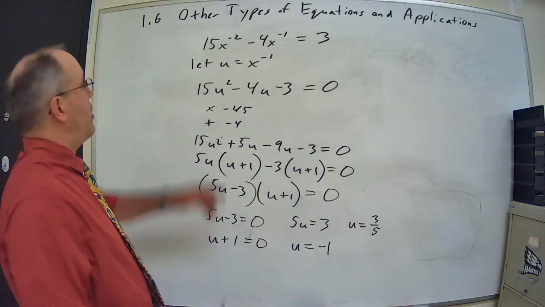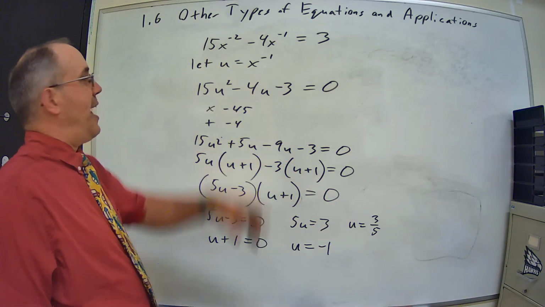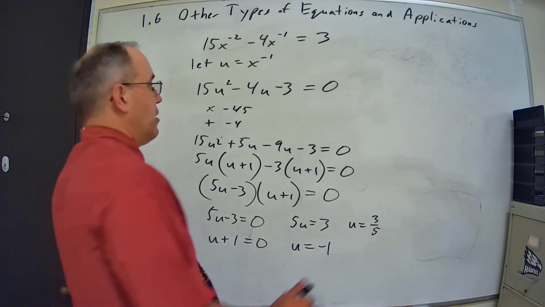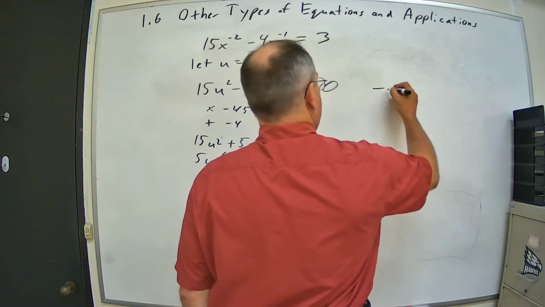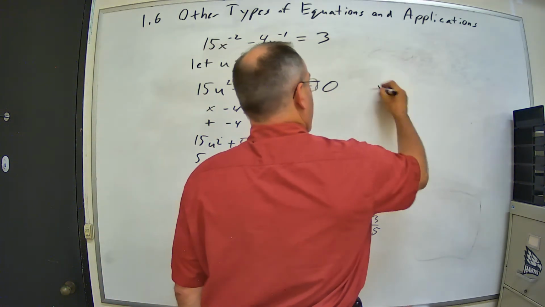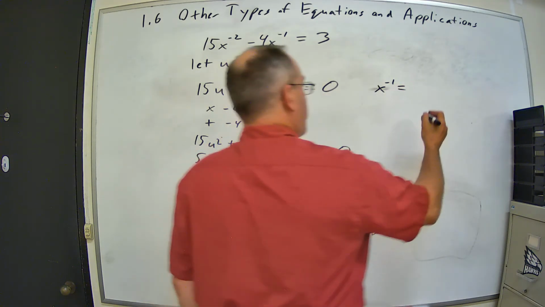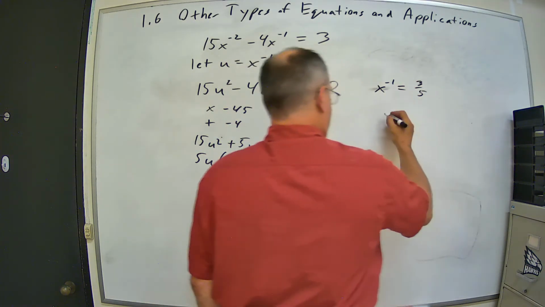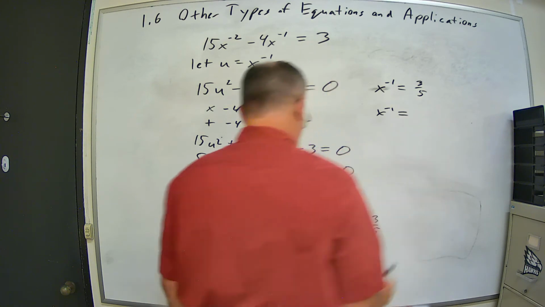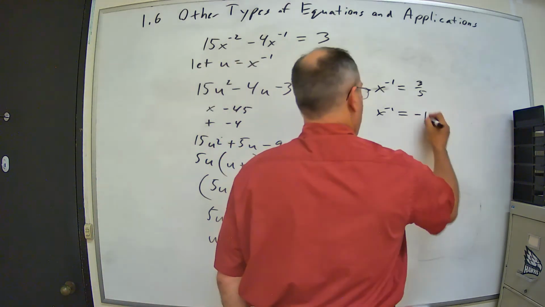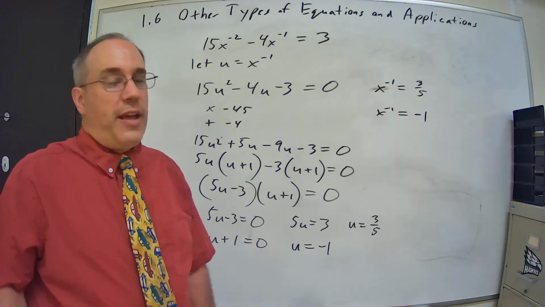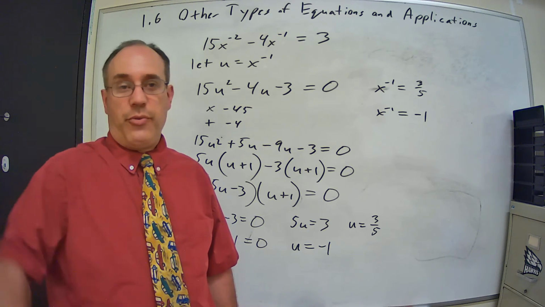And then, oh yeah, we've got to pull this back in here. So u is equal to x to the negative 1. So x to the negative 1 is equal to 3/5, and x to the negative 1 is equal to negative 1. Now remember, x to the negative 1 just means take the reciprocal.